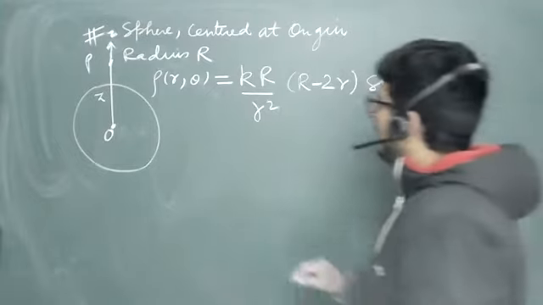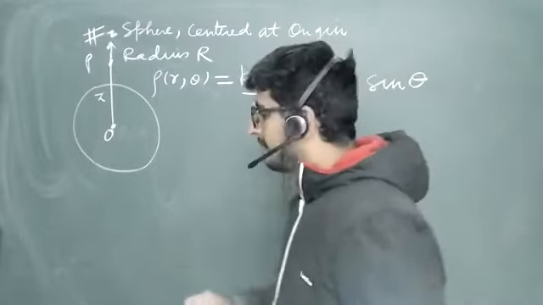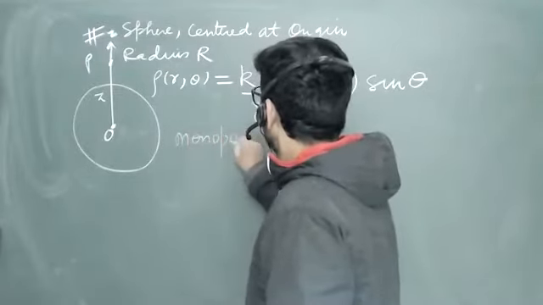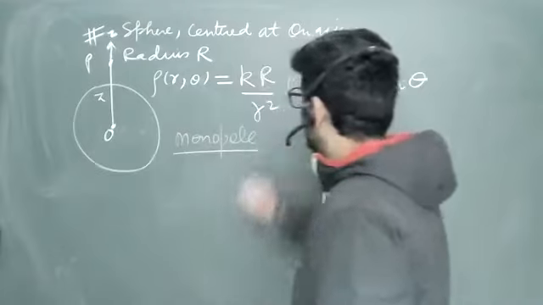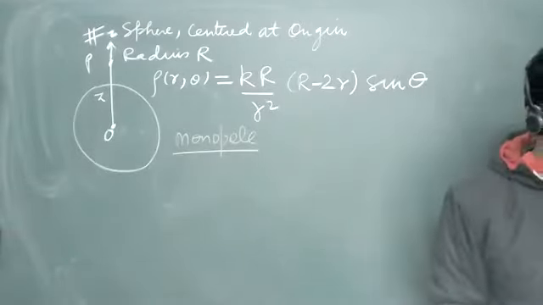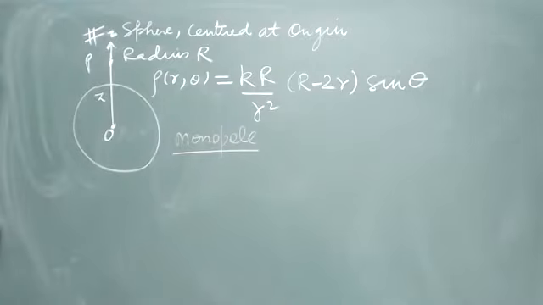Like, first, what is required for monopole? What is required for monopole? Rho and d tau. Calculate it. Let us do it one by one.